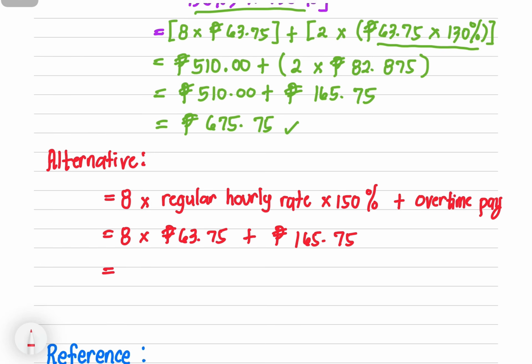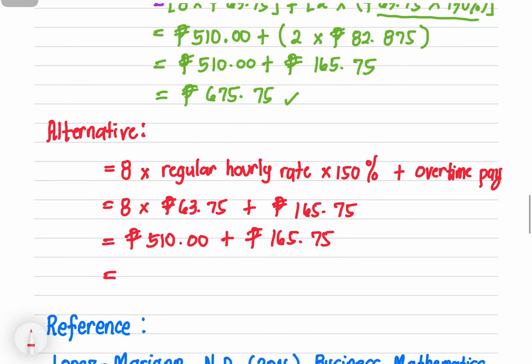So, 8 times 63.75, that is equal to 510.00 or 510 pesos plus 165.75. So, pag pinag-add natin yan, meron tayong 675.75 pesos. Okay, see? Magkapares lang yung sagot natin.